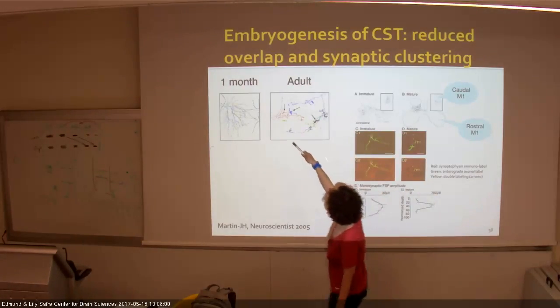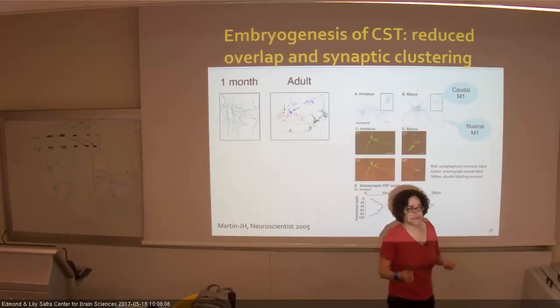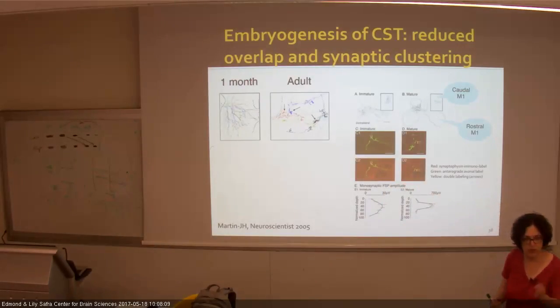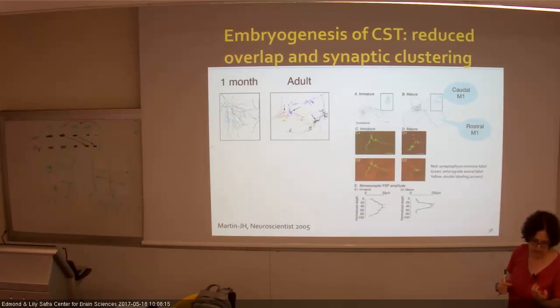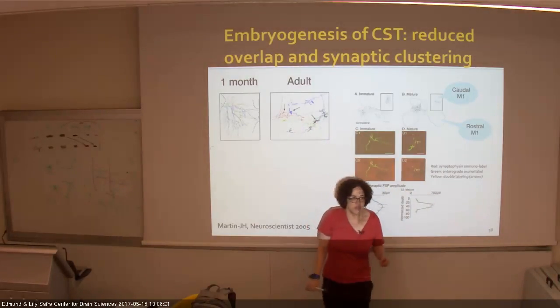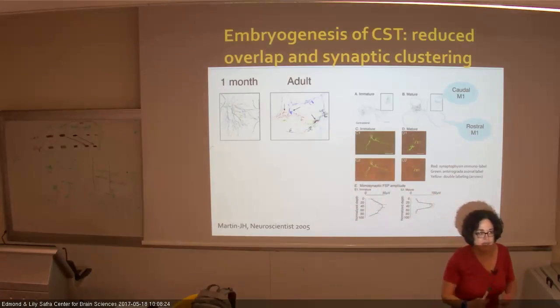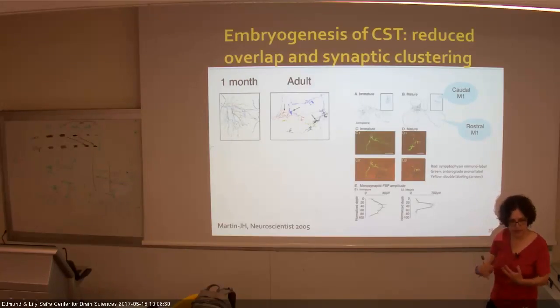But if you look in the adult, you can see that many collaterals were eliminated from the corticospinal termination field, and what appears are synaptic clusters, like here. So there is some acquired specificity of the corticospinal connectivity. With motor experience, there is a reshaping of the corticospinal connection, and some connections are being eliminated while others are being strengthened by the emergence of these synaptic clusters.